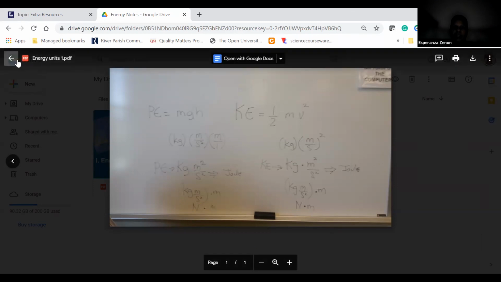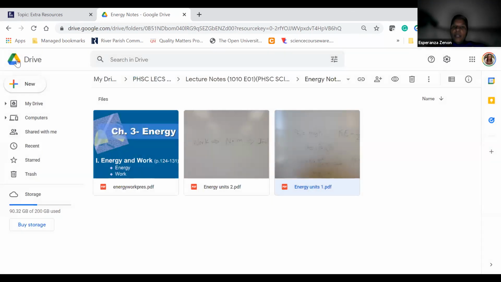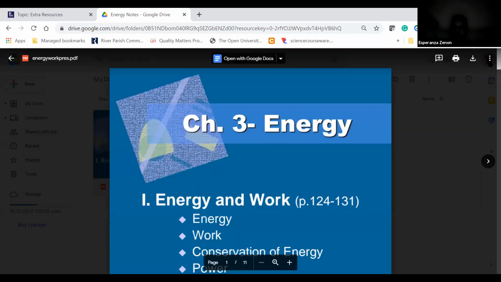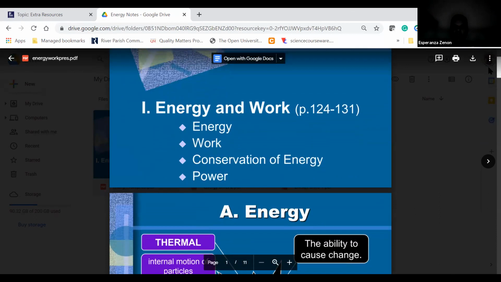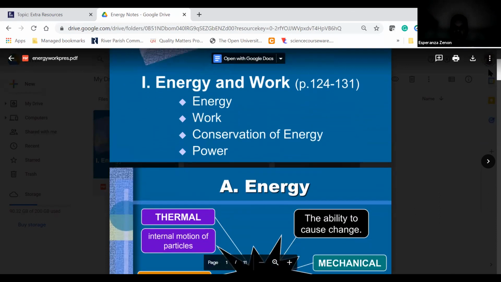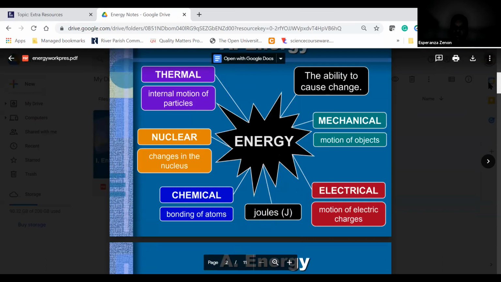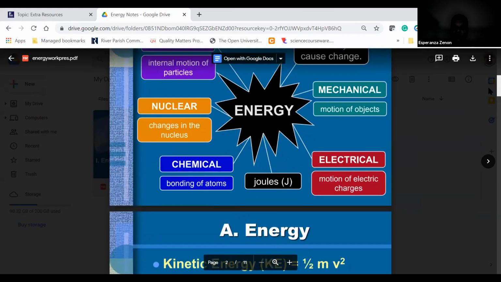So we can see that there's a direct relationship between work and energy because they're using the same units. They're interchangeable, right? And then you have this packet here, which I like, that kind of talks about the various forms of energy, okay?